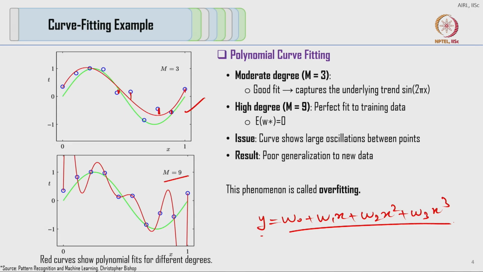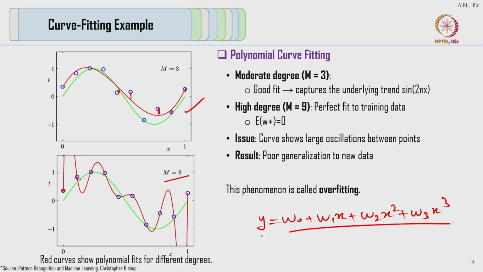Now in m is equals to 9, the training error for us as we had observed in the lecture was essentially 0, right. So the curve actually goes and passes through all of these blue points, which is essentially all the set of training samples.